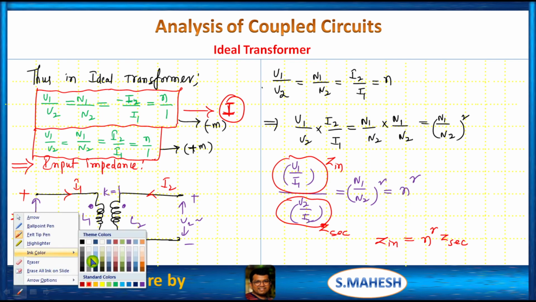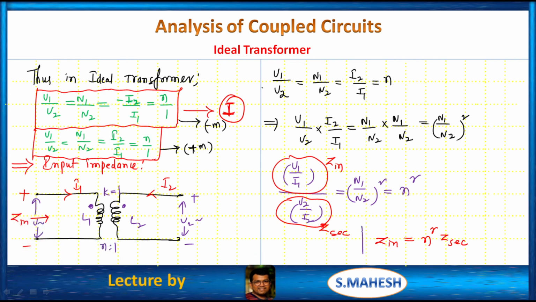That's it. Finally, we have the relation between input impedance and N square into Z secondary, provided turns ratio is what? N is to 1. Okay.